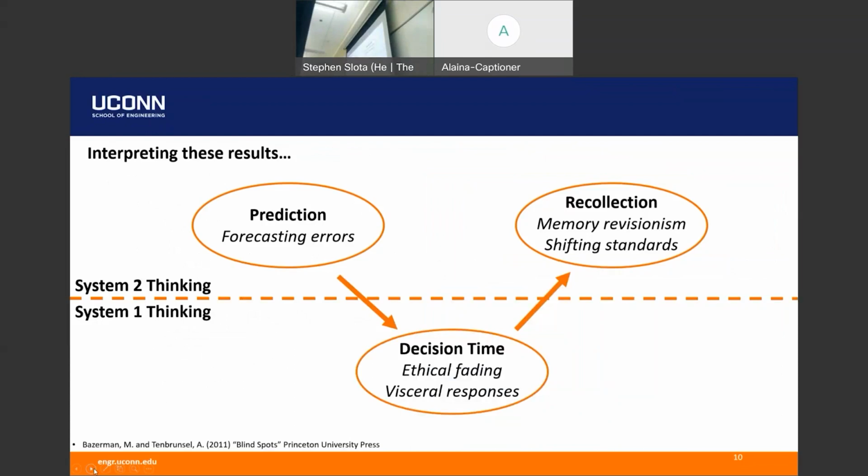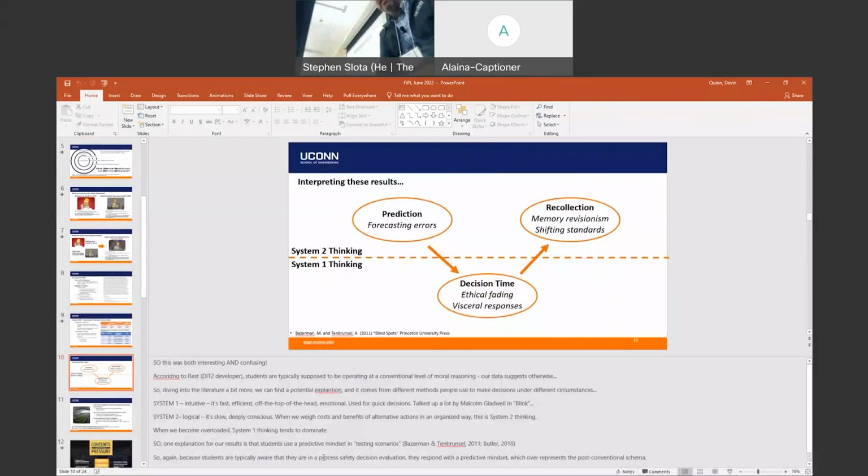This is a great book by Bateman and Tenbrunsel called Blind Spots, about how people make decisions. There's a differentiation between what they call system 2 and system 1 thinking. I always get them backwards, so I have to look at my notes.